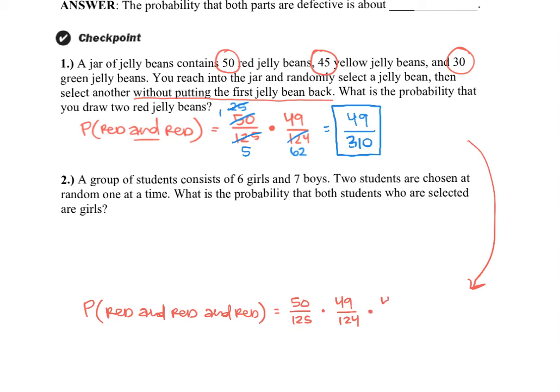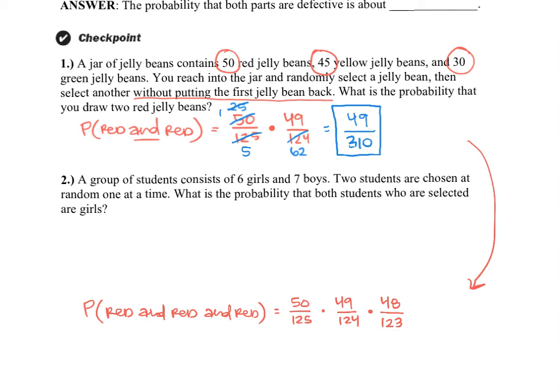So now there's only 48 left, and there's only 123 total. So it doesn't just have to be 2 events. You could have 3 or 4 or 5 events that you are finding the probability of, and you just multiply each of those. Now again, this is going to get kind of big because these numbers are big and you'd have to do some cross simplifying, but you absolutely can do that.